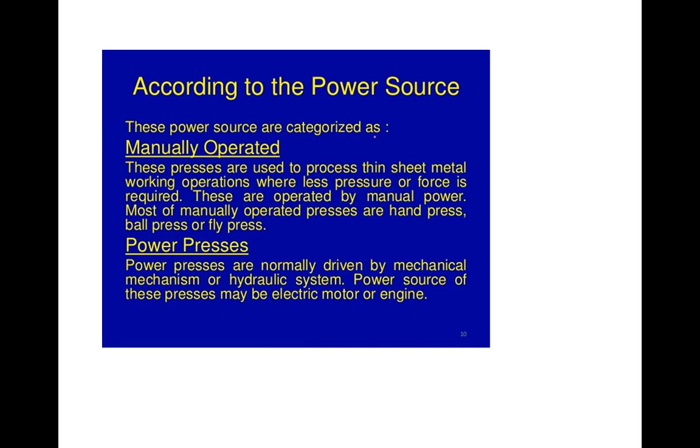Now the various classifications of the press: manually operated press or power operated press. A power operated press may be operated by electrical means, by a hydraulic system, or by some mechanical mechanism. Manually operated means it is operated by manual power. By your hand you are operating the press.